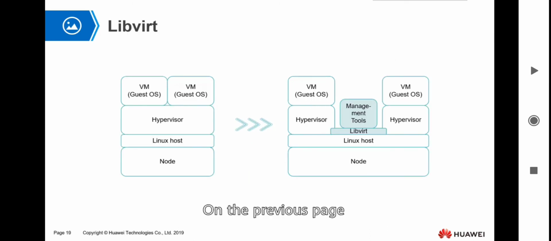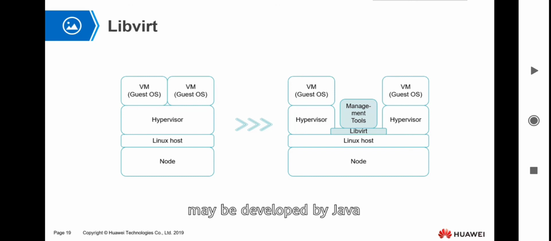On the previous page, we also saw a tool in the picture, libvirt. What is libvirt? It is an open source project. It is a very powerful management tool. The virtualization platform it manages can be KVM, Xen, VMware, Hyper-V, and so on. Why use it? KVM itself is an open source project. Many people will do some development based on KVM and then develop management tools of their own.